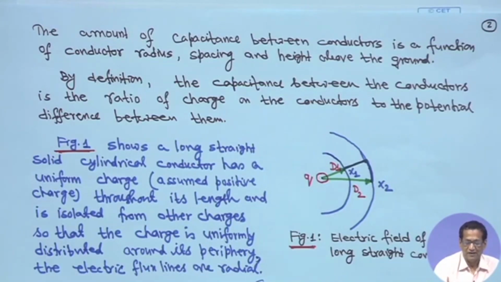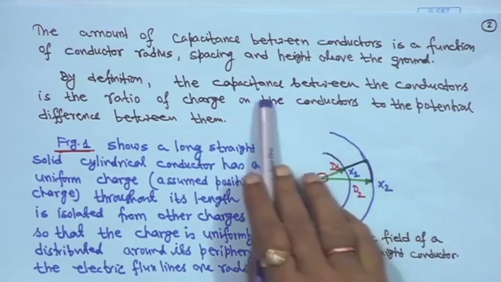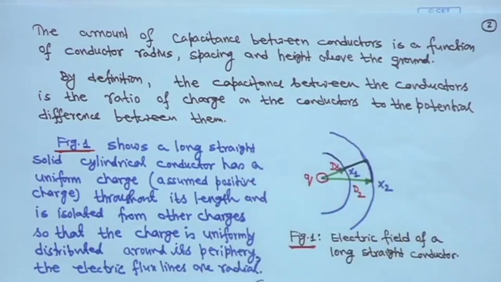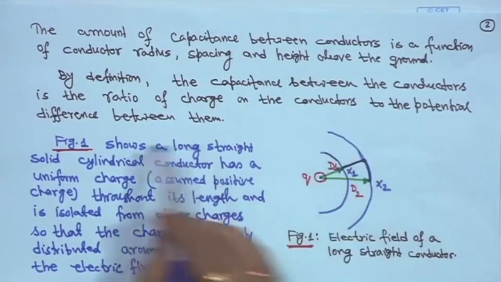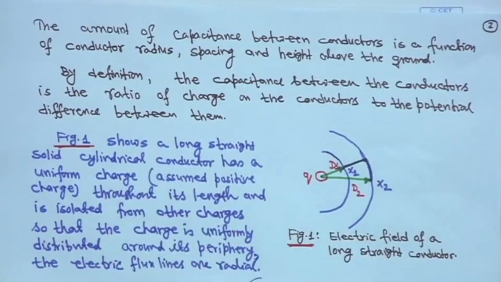So, basically three things: conductor radius, spacing and height above the ground. By definition, the capacitance between the conductors is the ratio of charge on the conductors to the potential difference between them. These are known to you.